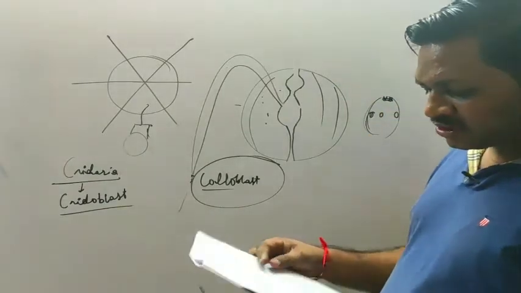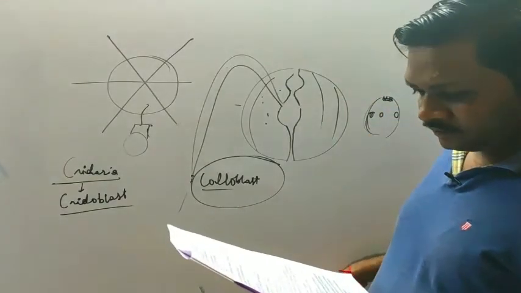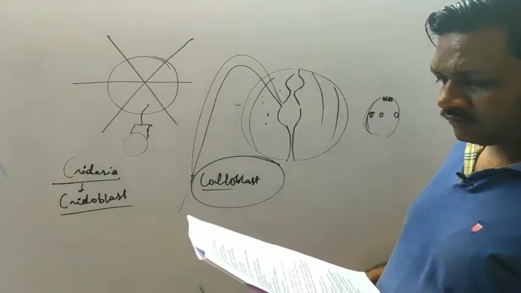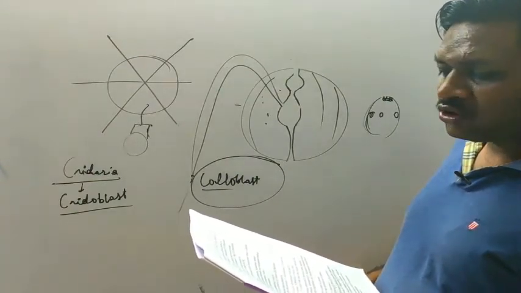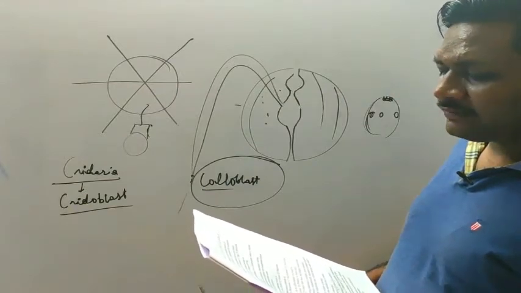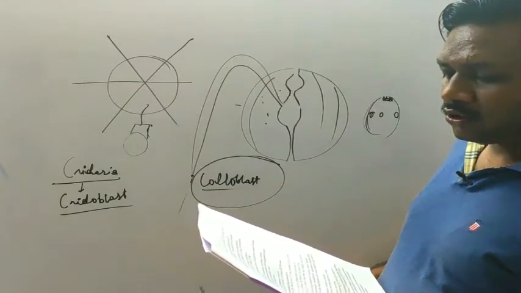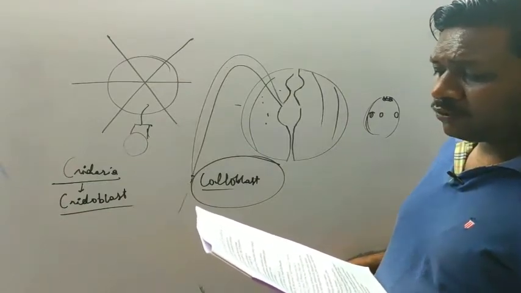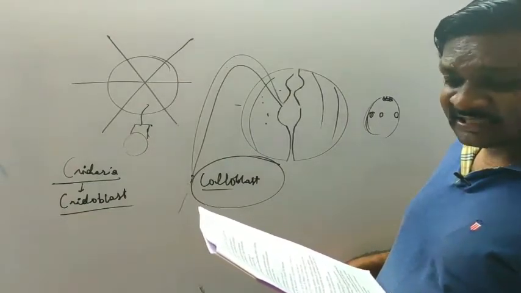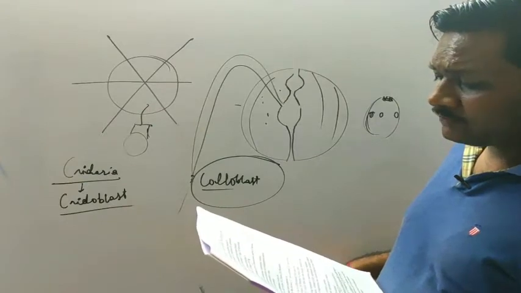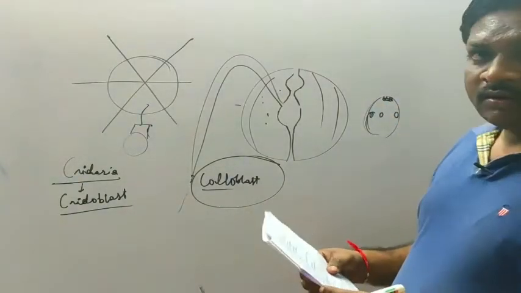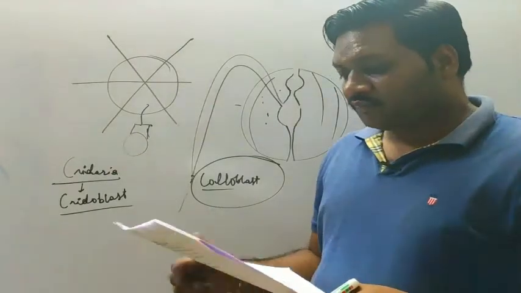So see here, options are given: Taenia solium is attached to intestinal mucosa by rostellum, scolex, proglottids, and the acetabulum. So the correct option is the scolex. This part is the scolex, so that is the correct answer for this.